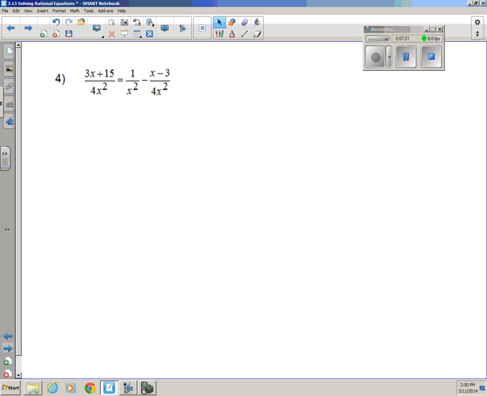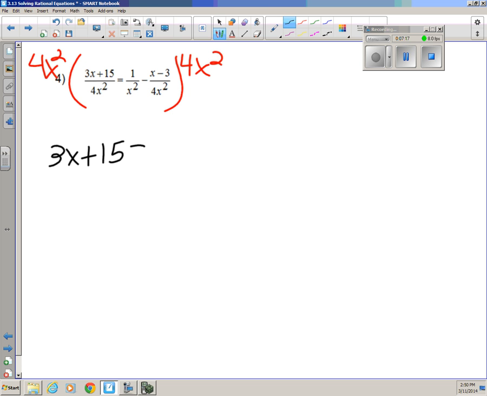Next one, not a proportion, just a regular equation. Common denominator, or least common denominator preferably, is 4x squared. We're going to do some math. 4x squared divided by x squared is 4, and 4 times 1 is 4. 4x squared divided by 4x squared is 1, and 1 times x minus 3 is x minus 3.